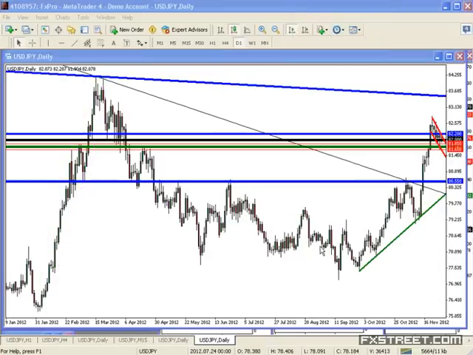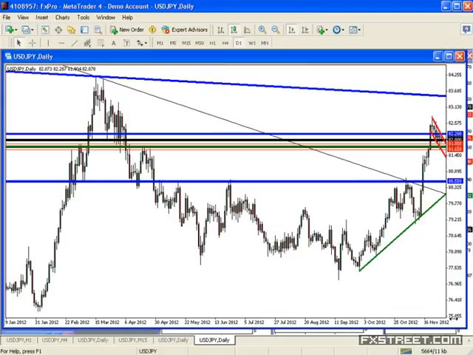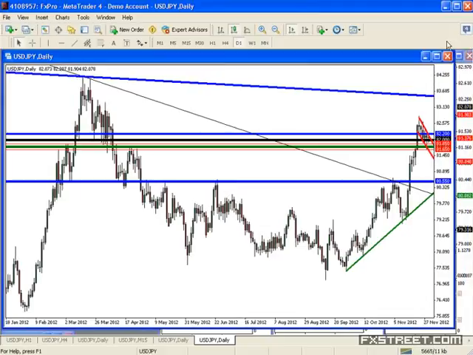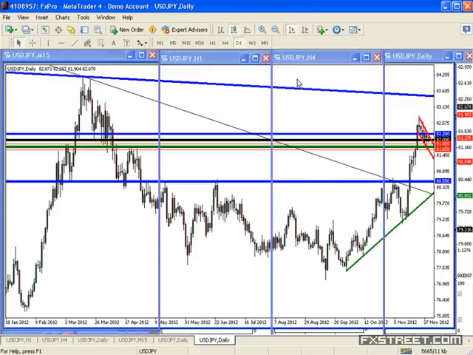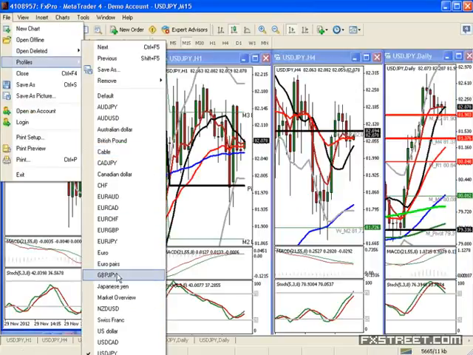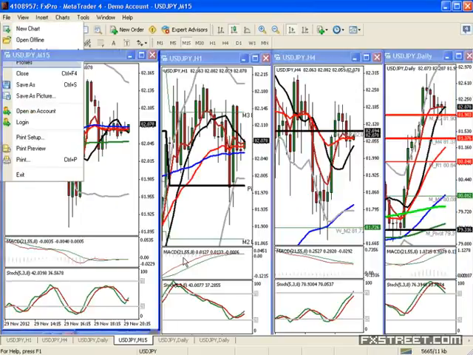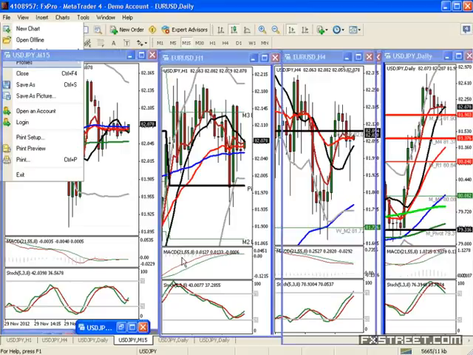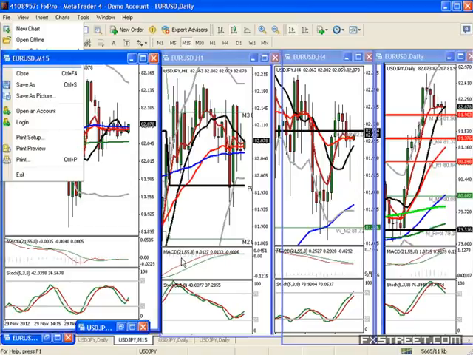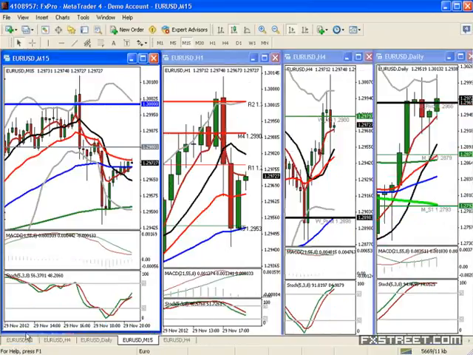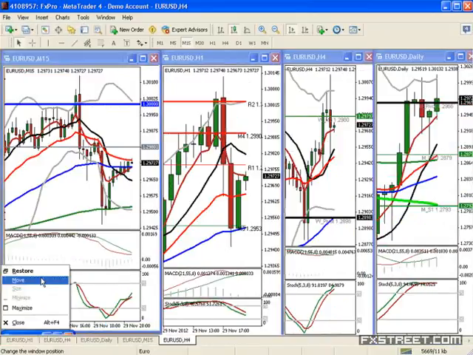Let's go to the euro here. I'm going to go to some euro charts with indicators. And like I did with the dollar yen, I'm going to focus initially on a chart without indicators.